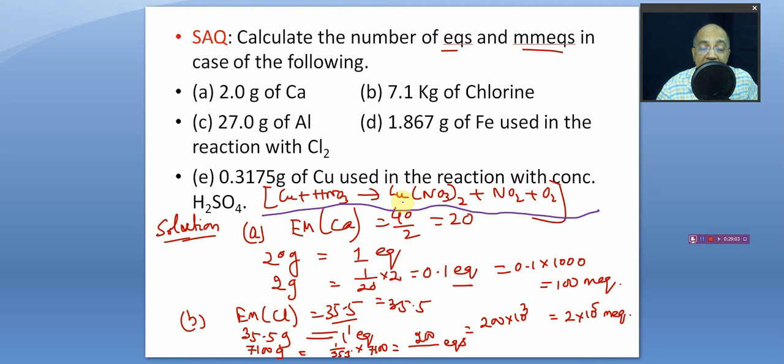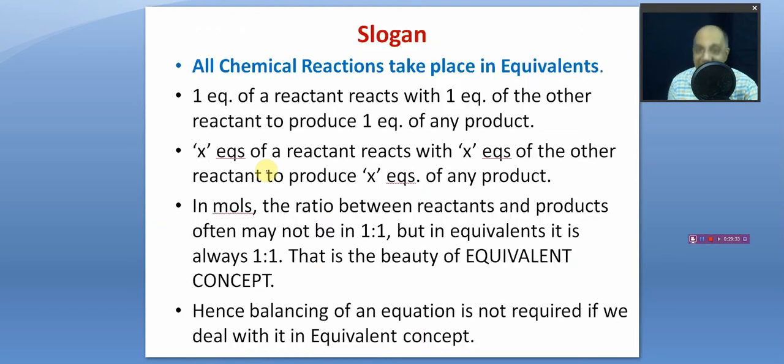The atomic mass is 63.5. Whenever you are not getting atomic mass from me, don't be embarrassed. You get them from the atomic mass table that you already have. So 31.75 will be the equivalent mass. If 31.75 gram is equal to 1 equivalent, then 0.3175 gram is equal to how many equivalents? You can do that. This is simple arithmetic, right?